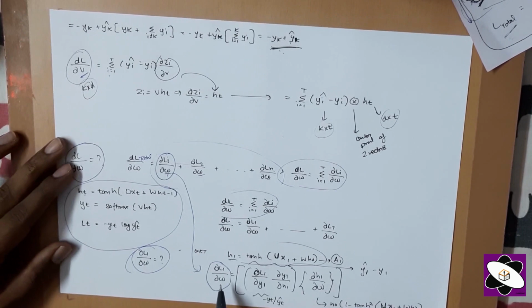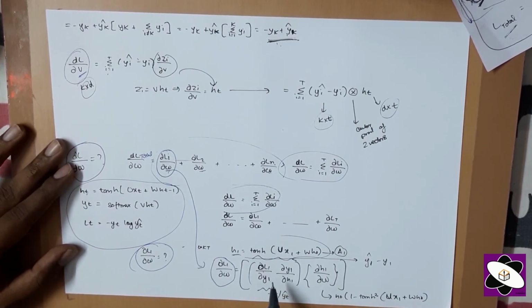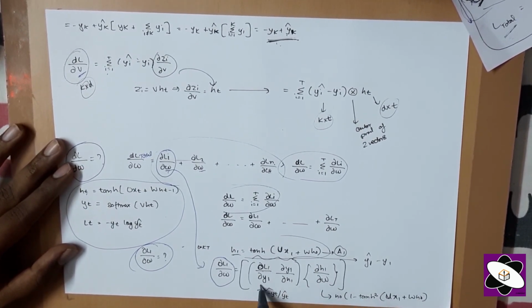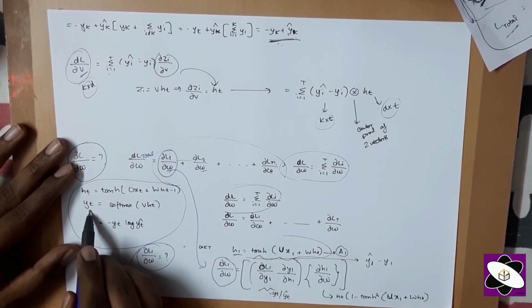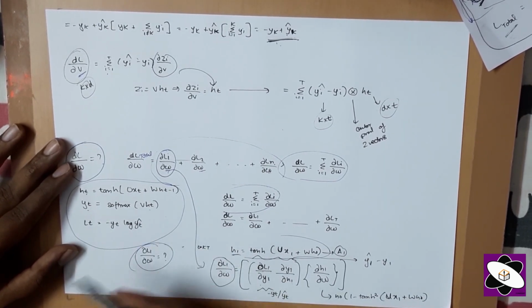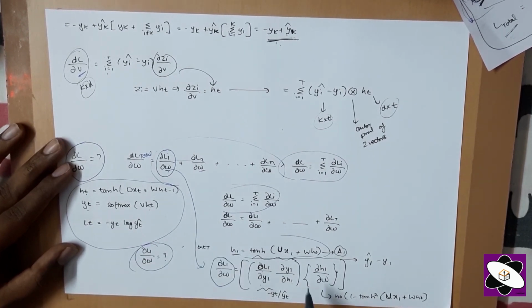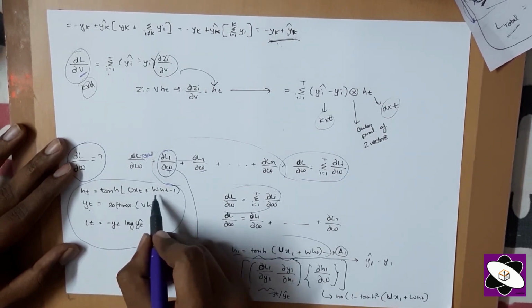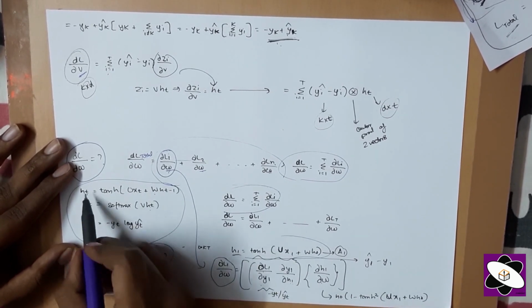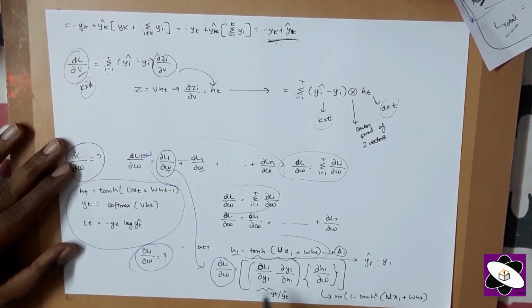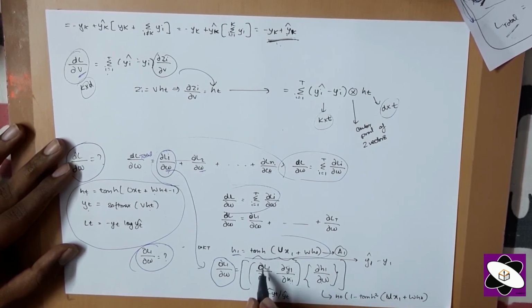dL1 by dW here is nothing but dL1 by dy1, that in turn dy1 by dh1, because y1 is dependent on h and it is independent, obviously vice versa, and dh1 by dW, because W is independent here and this is dependent on W. So as a chain rule, if we just cancel out, we will get dL1 by dW.